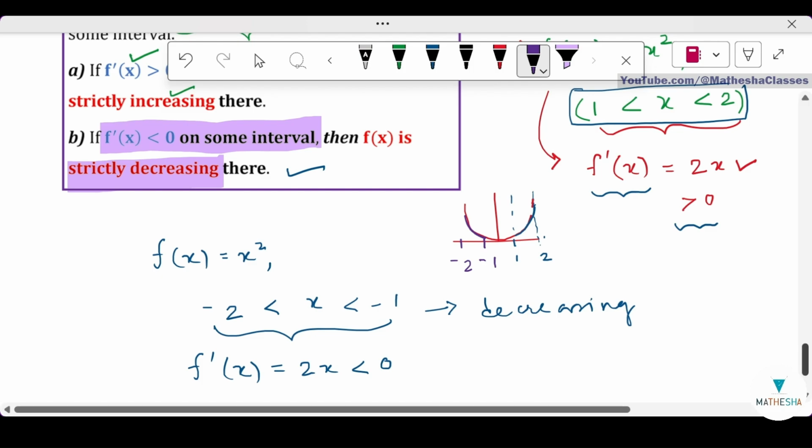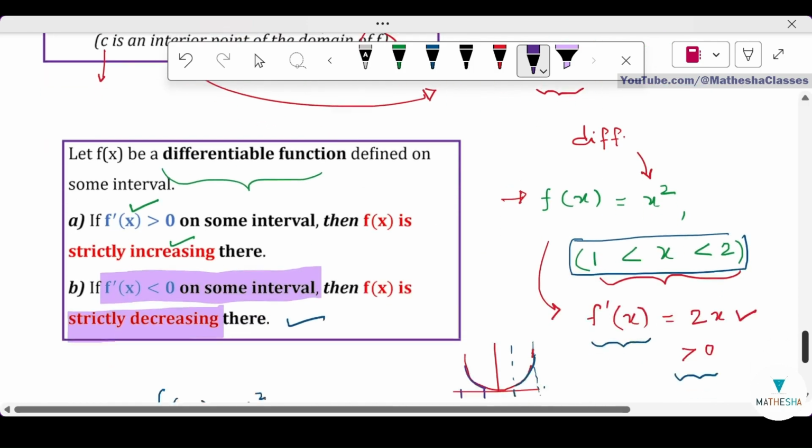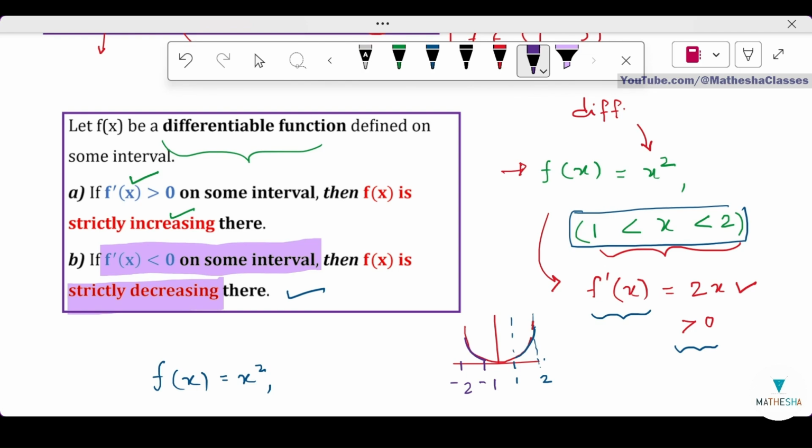So that was the result: if f'(x) बिगर देन 0 है तो फंक्शन ऊपर जाएगा, अगर ये लेस देन 0 है तो फंक्शन नीचे आएगा.